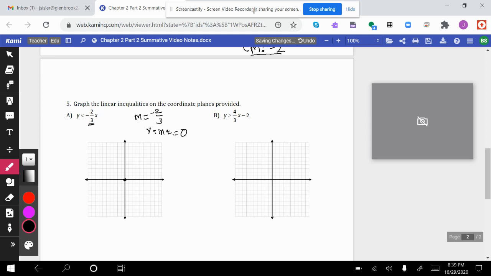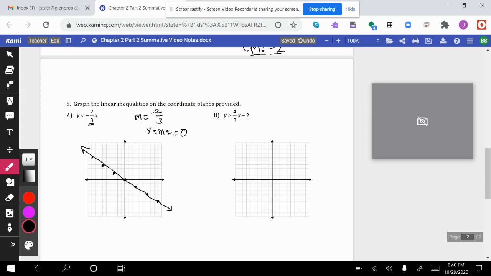I'm going to go down 2 over 3, down 2 over 3, down 2 over 3, and then I'm going to go up 2, left 3, up 2, left 3, and sorry, my eyesight at night is not the best, up 2, left 3, and I'm just going to connect, right? So again, that process of graphing -2/3 x shouldn't really look any different.